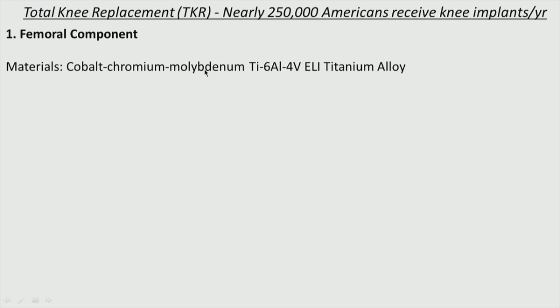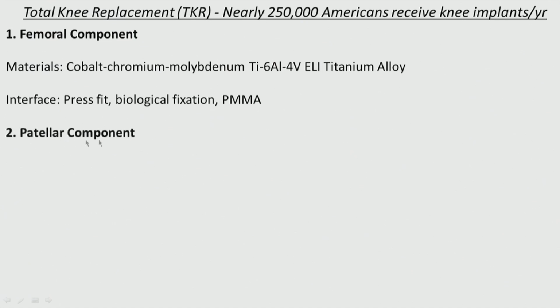One is the femoral component. So, you can see cobalt, chromium, molybdenum, titanium alloys are used here. That is the femoral component. So, it is fitted. So, you also have some using polymethyl methacrylate fixing.